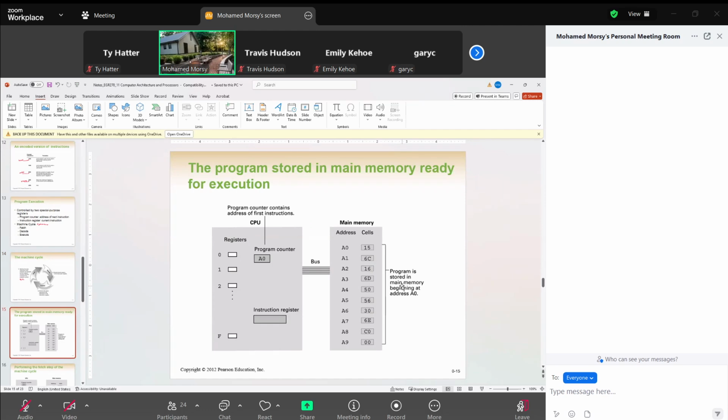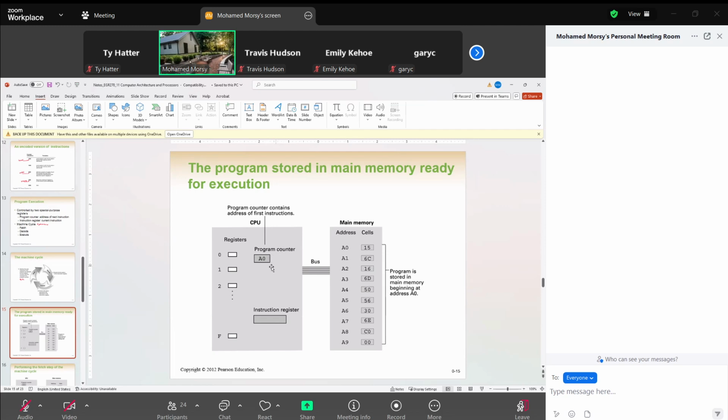So let us do an example. The program is stored in the main memory, ready for execution, starting at address A0.